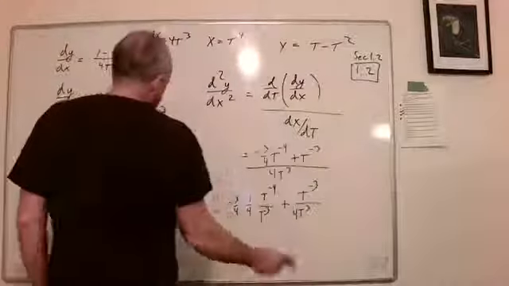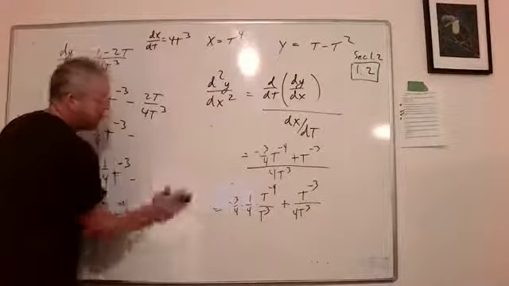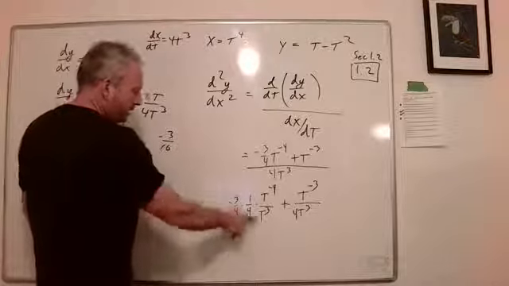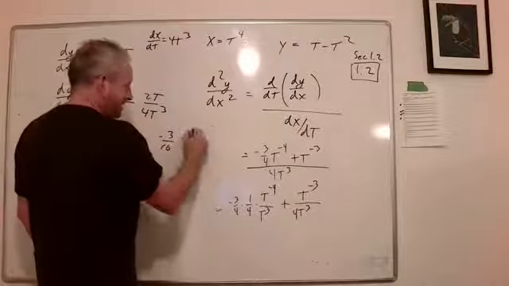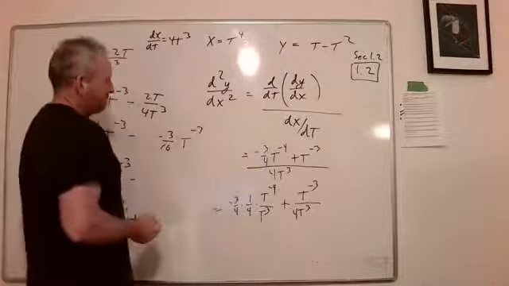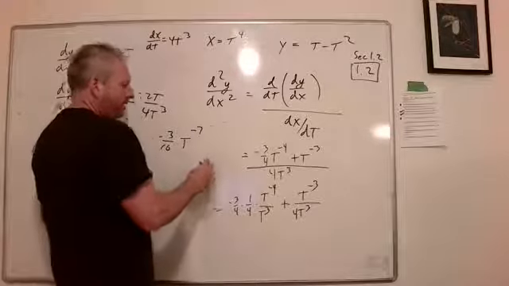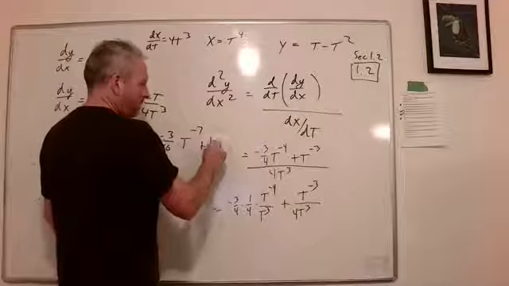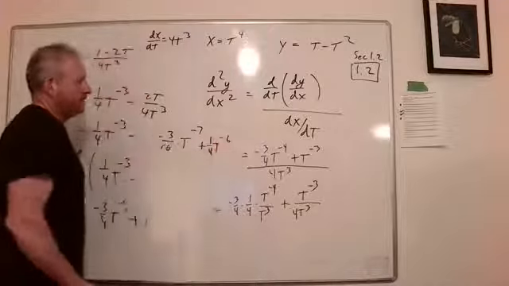And now, how much is this going to simplify? I don't know till I do it, but let's give it a try. Right here, we have negative 3 over 16 times altogether here, t to the negative 7th. Nothing particularly nice about that. Nonetheless, let's see, plus 1/4 times t to the negative 6th.